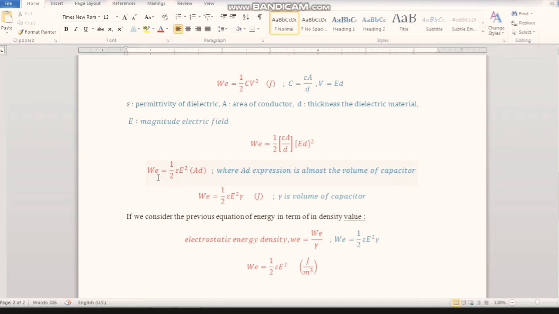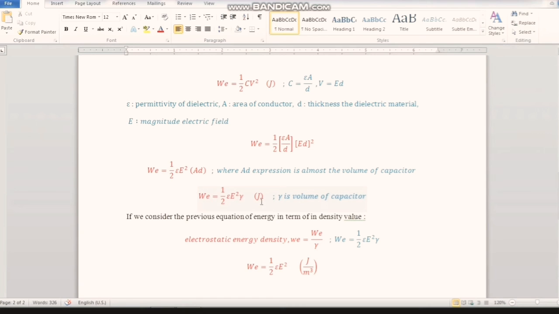So we get WE equal to 1 over 2 epsilon E squared Ad, where Ad is the volume of the capacitor. So the final answer is WE equal to 1 over 2 epsilon E squared lambda, where lambda is the volume of the capacitor, and its unit is joule.